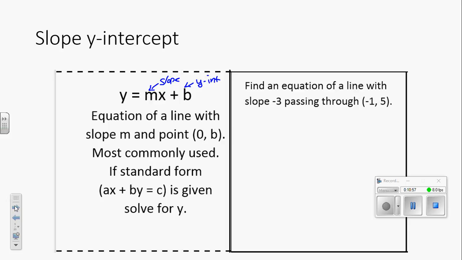So put a little star beside that in your notes. If it's in standard form, solve for y. Get the y all by itself. Okay, we'll see that a couple of times today.